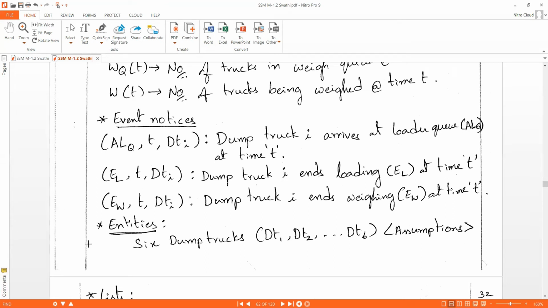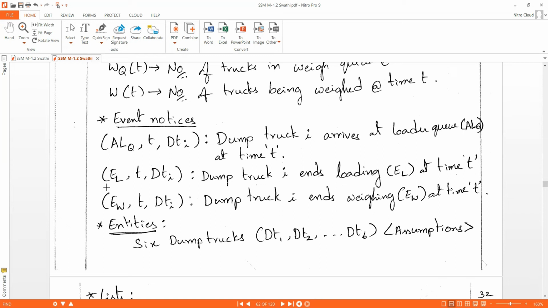Next event is EL, comma T, comma DI. Here DI represents the dump truck I, and EL represents ends loading. It is nothing but the departure event. After completion of loading, it will be departure, right?